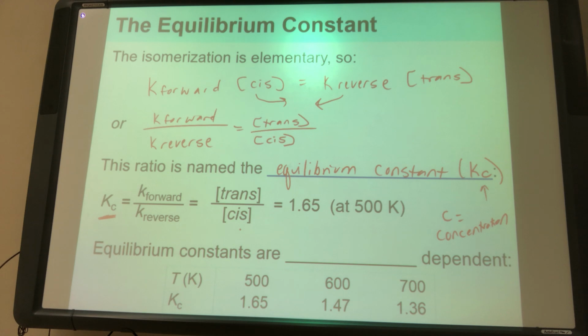Another way you could think about this is the products over the reactants. And this is going to be equal to some number at a certain temperature. We'll talk about what that means later and how it's affected. But we're going to get a value at a certain temperature. These constants will change when I change the temperature. So here's this constant, and as my temperature increases, my K changes.